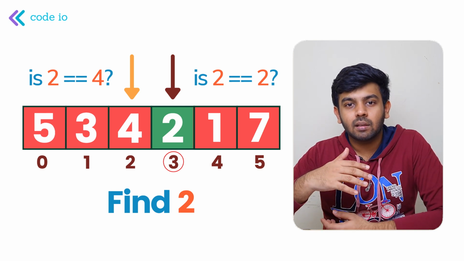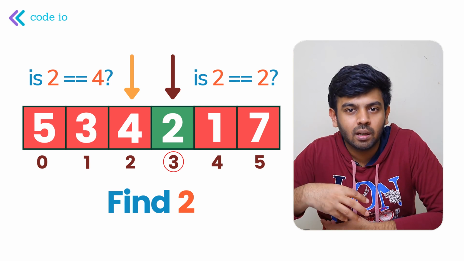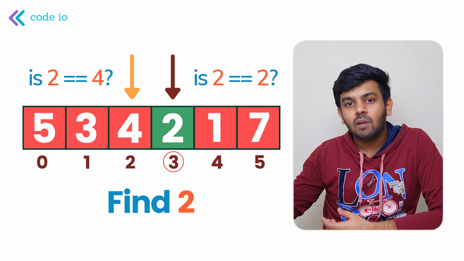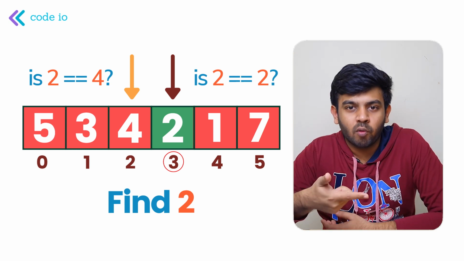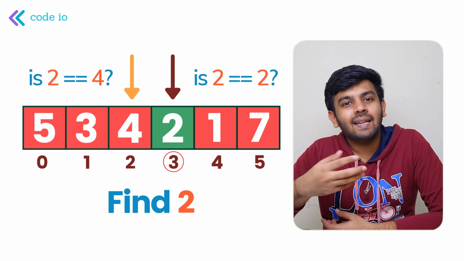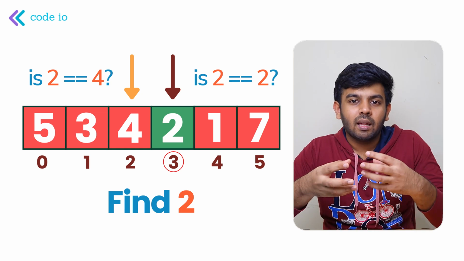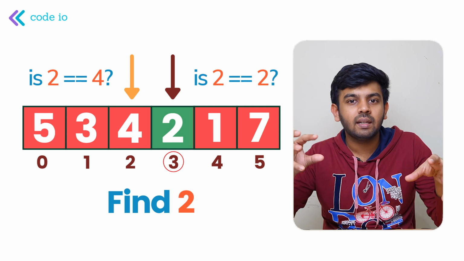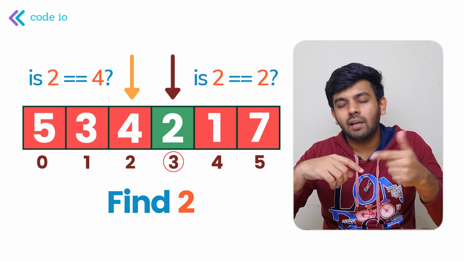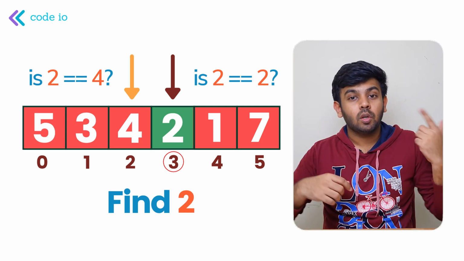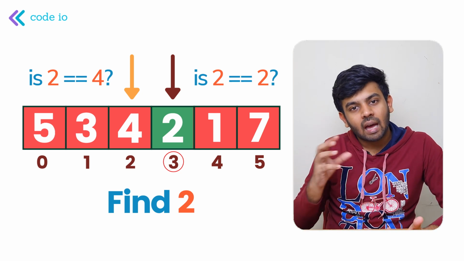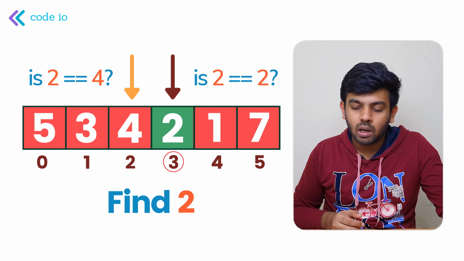The best case is order of 1, because even if it is present in the first index or the last index, you will find it in one iteration. It still takes 2 comparisons, but you will find it in one iteration. So that is the improvement that we have for this algorithm over the other algorithm.